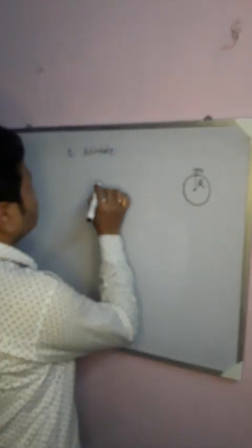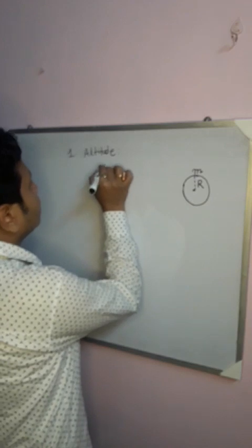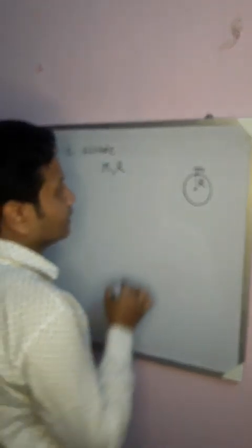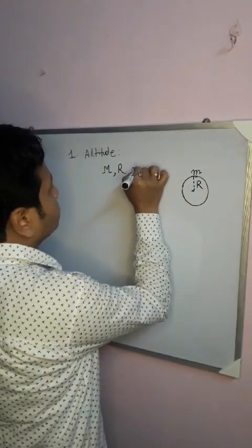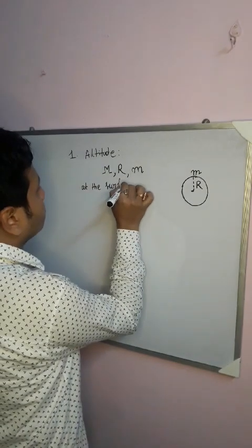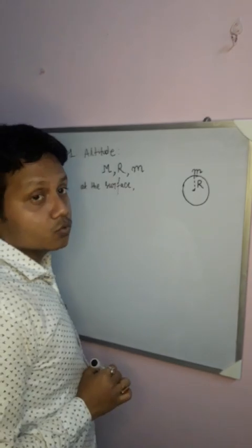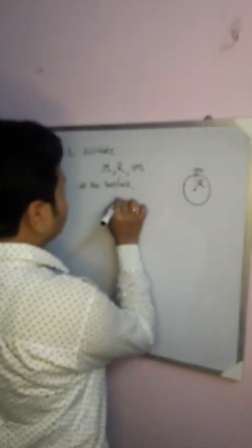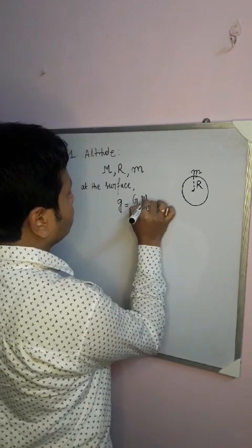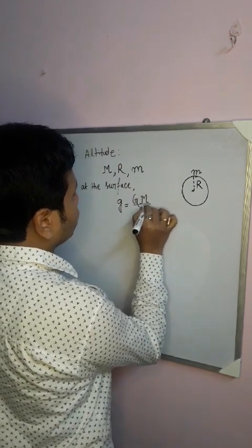So if capital M is the mass of Earth, capital R is the radius of Earth, and small m is the mass of the object, then what will be the acceleration due to gravity at the surface? Previously we saw it, that is GM by R square.